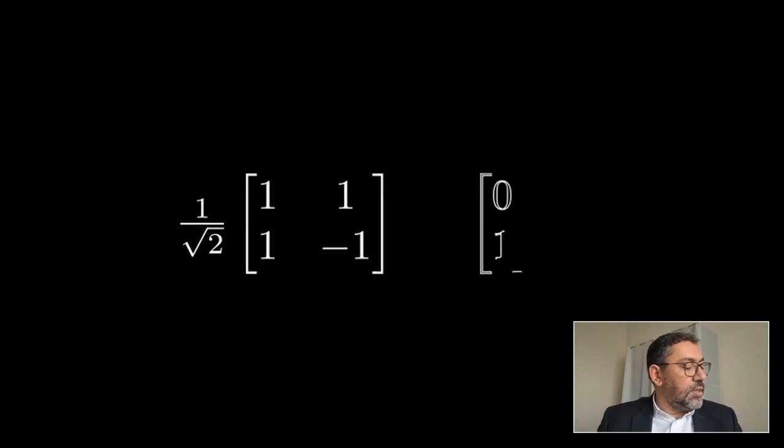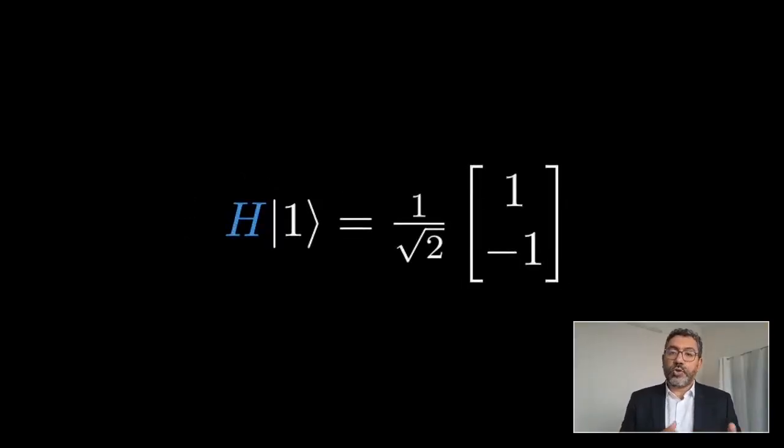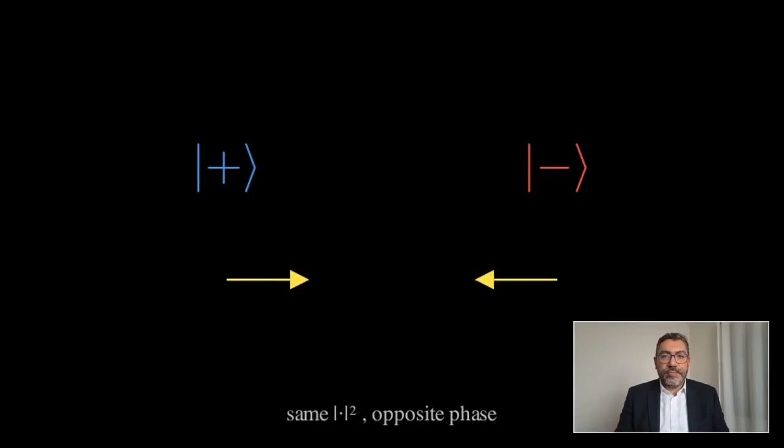Now apply H to ket 1. The result is 1 over square root of 2 times ket 0 minus 1 over square root of 2 times ket 1. The probabilities are still equal, but the phase is different because of the minus sign.